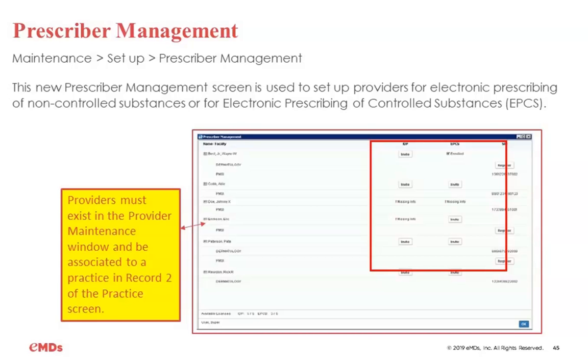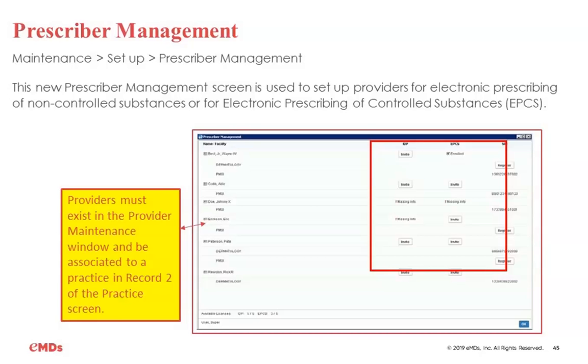If they're just ID proofed but they weren't EPCS prior to, then you would see an invite option in here with information to be able to do it. If for some reason they got scheduled for 2 different practices, in other words, if you've got multiple practices set up in Partner and you have the same provider set up in multiple practices, this is what Dave was saying earlier, what we're going to keep on stressing, is that you can only have one SPI, SureScripts provider ID, per provider per practice. That means if I've got that same SPI set up in multiple practices, I need to have those removed, and we have a utility that will check for that before.